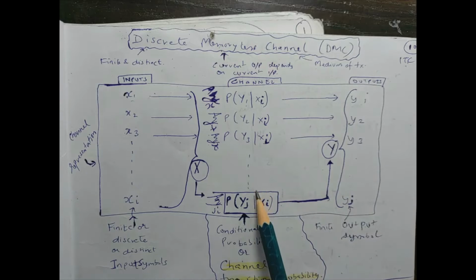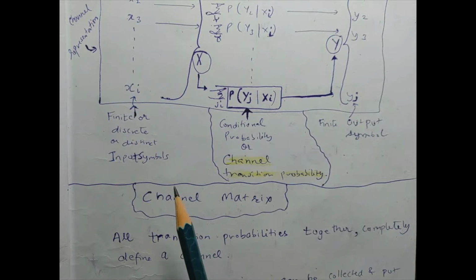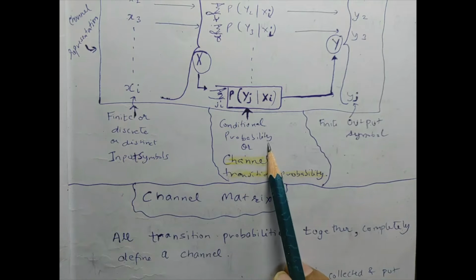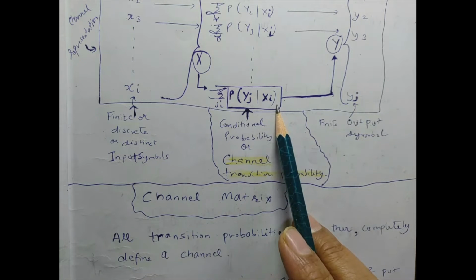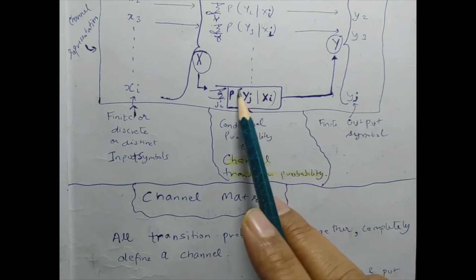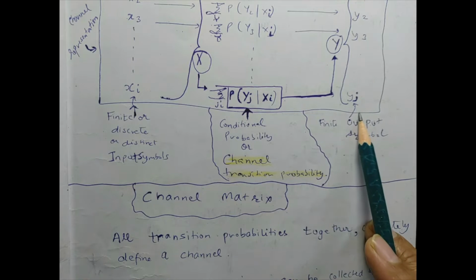So basically you have this dependent case in which output is generated due to one of the finite discrete distinct input symbols. So that's the conditional probability formula, and this is called channel transition probability, and that is the output symbol.